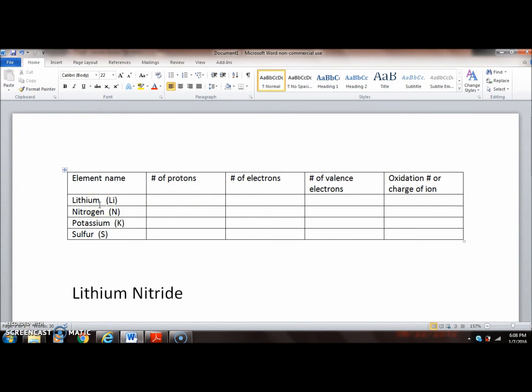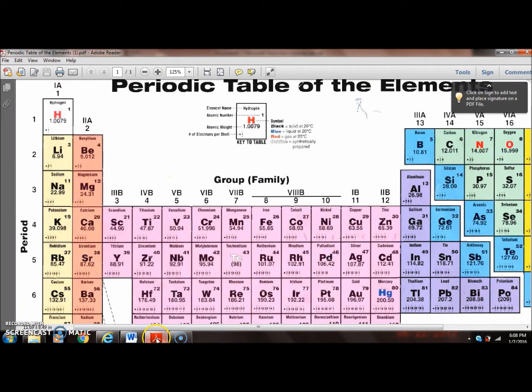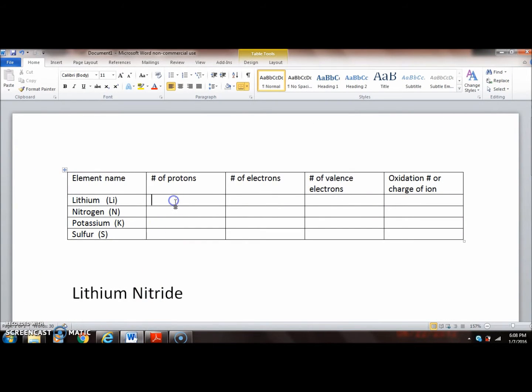So our first element here is lithium. So let's find lithium in the periodic table, and you can see that it's right here. Its atomic number is 3, which tells us it has 3 protons. It also has 3 electrons, and it's got 1 valence electron. So let's go back and fill that information in. 3 protons. It's got 3 electrons. 1 valence electron.